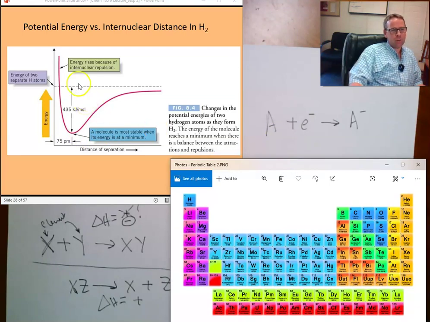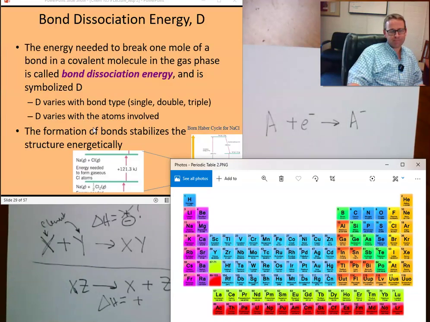Okay, so bond energy is based on the ideal distance, and how much energy of stabilization is kind of governs that distance. If the distance is very large here, then the bond isn't very stable. It doesn't stabilize the atoms very much and can easily be broken later on.